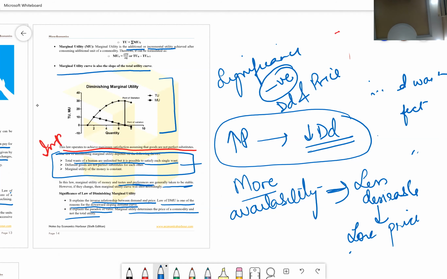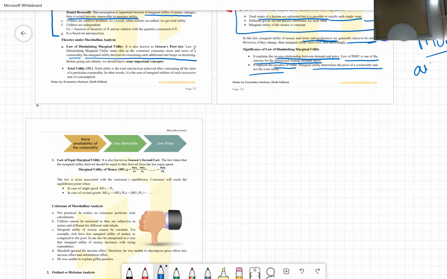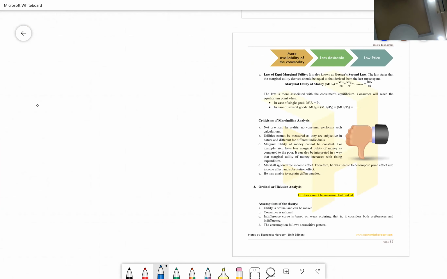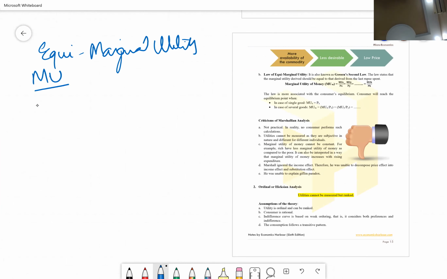Okay. Coming on to the next law under the Marshallian analysis, that is the law of equi-marginal utility. So this law states that the marginal utility derived should be equal to that derived from the last rupee spent.